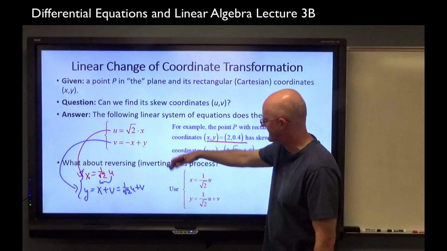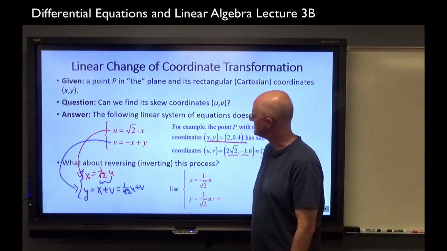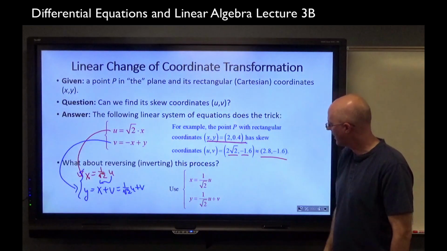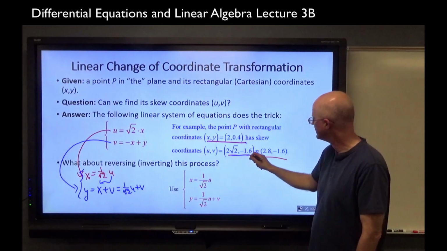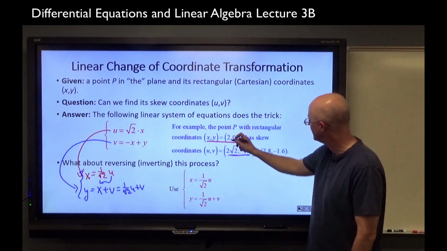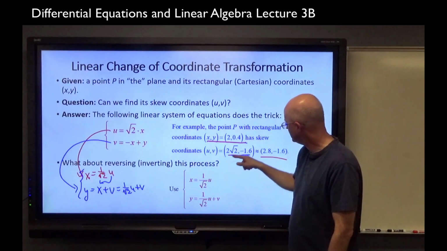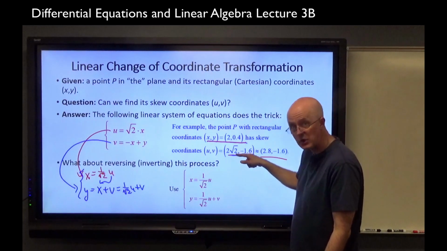It's not always so easy to solve. This was easier because I could quickly solve for x in terms of u, but sometimes it'll be more complicated. So you could try this. You could take these UV coordinates at the same point and plug into there to get these coordinates. Try it. 1 over square root of 2 times u is 1 over square root of 2 times this. Square root of 2's cancel, leaving you with 2.